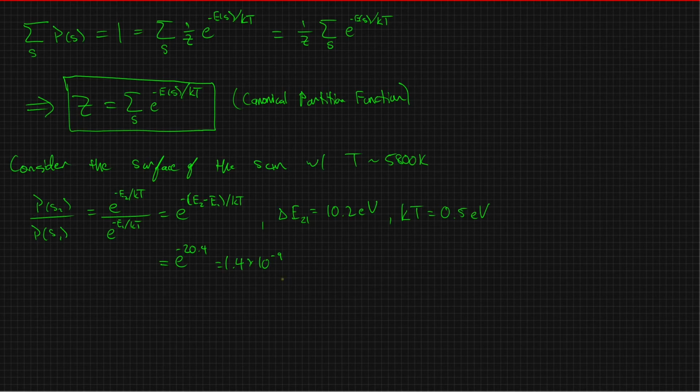Well, if we have a billion hydrogen atoms in the ground state, then for every billion there will be, on average, 1.4 atoms in the excited state. So it's incredibly rare, even on the surface of the sun, to actually find hydrogen atoms in the first excited state of the hydrogen atom.